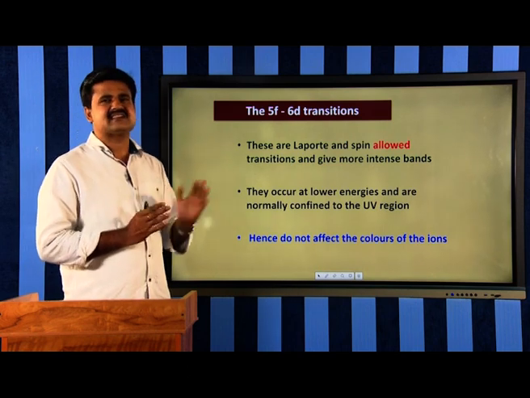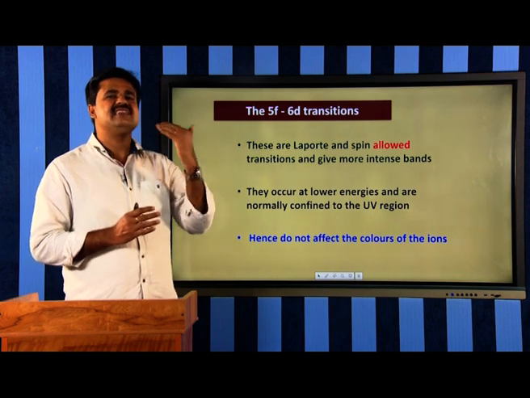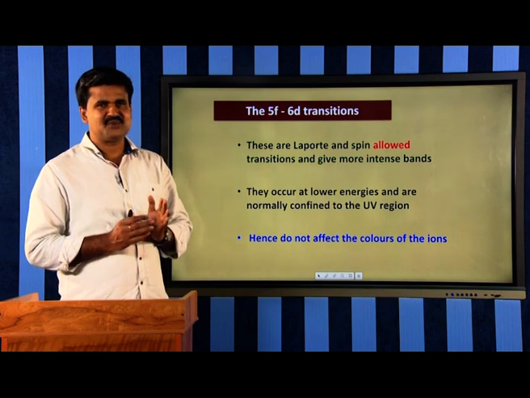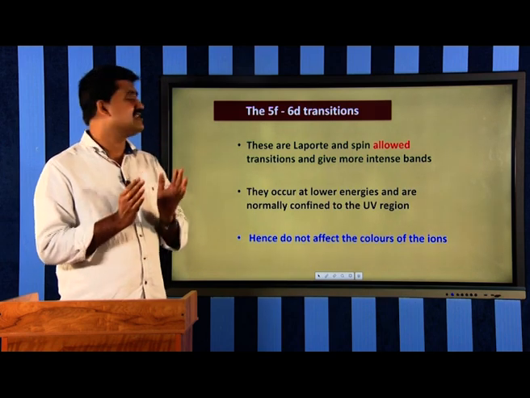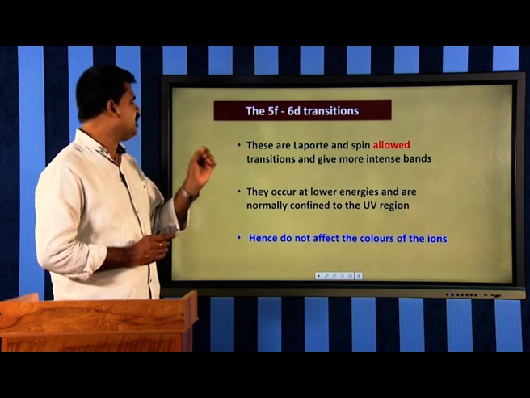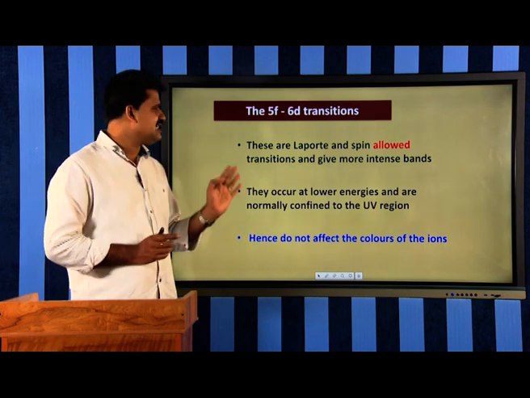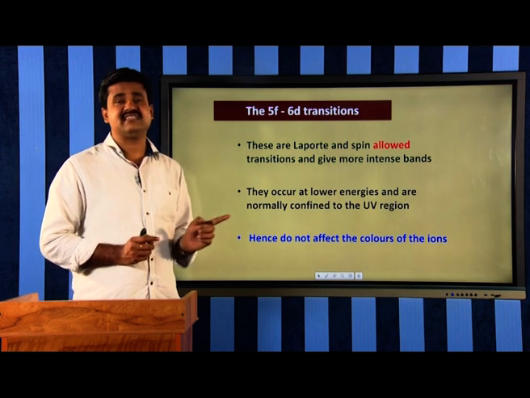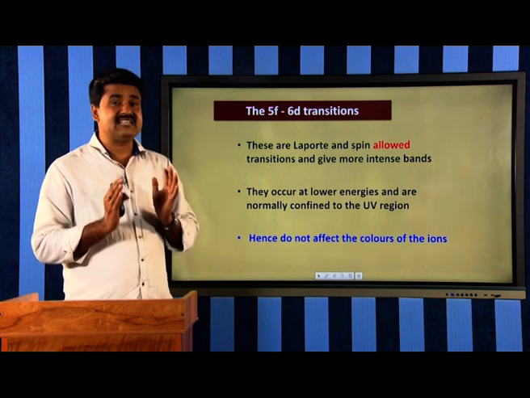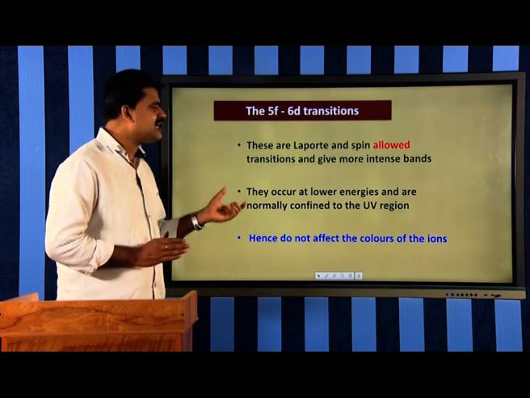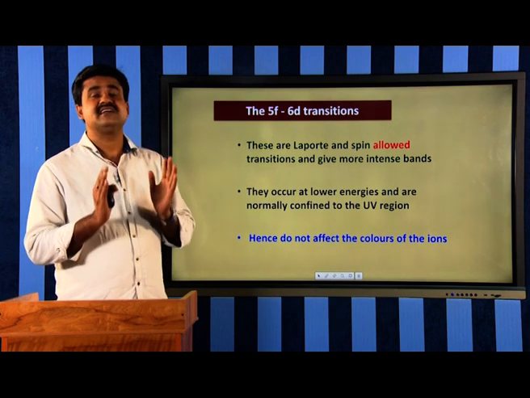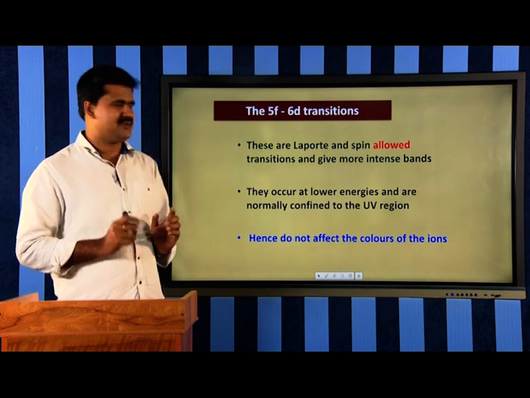Hence, this transition occurs with ease, and as a result the transition leads to highly intense signals or bands. These transitions occur with very low energy, and the signals are confined in the UV region. Since the signals are confined in the UV region, this electronic transition will not affect the color of the actinide ions.